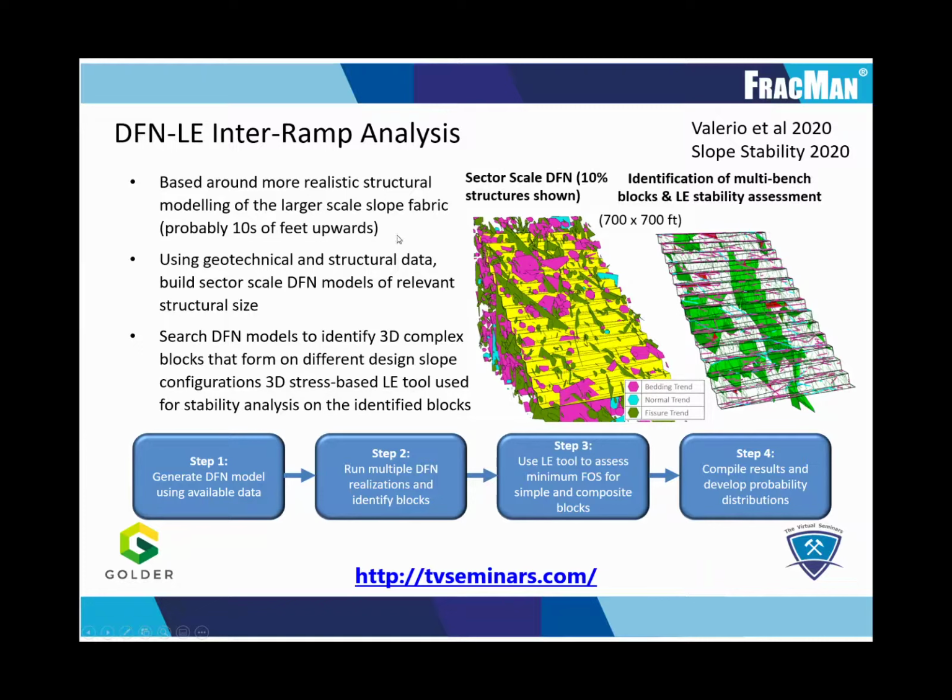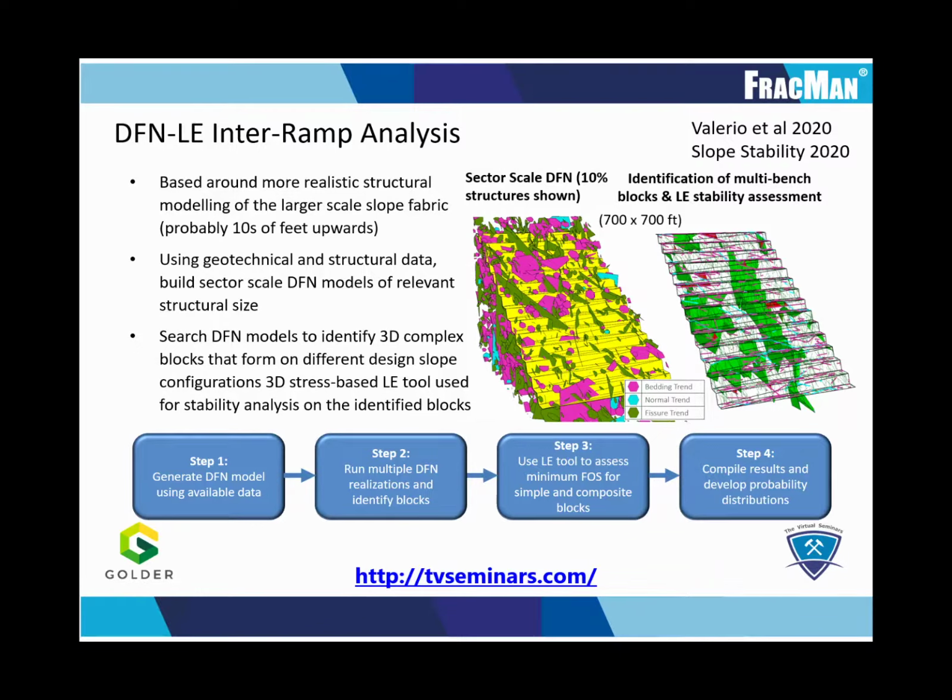The start of the interramp analysis approach is based around building a realistic DFN model at the interramp scale, as highlighted at the beginning of this presentation. These models are built up from available geotechnical and structural data that define properties of intensity and orientation and size of the structural fabric.